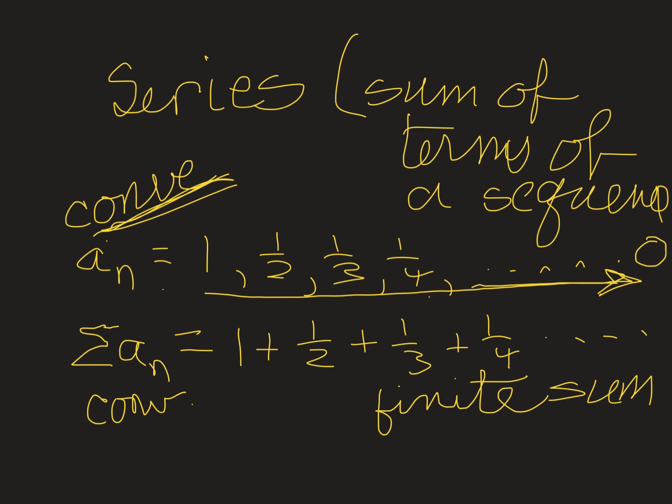Actually, for this sequence, this is called the harmonic series, and it is divergent. It's actually the smallest divergent series. There's some really clever stuff you can do that is beyond the scope of this class. But anyway, hopefully that helps.